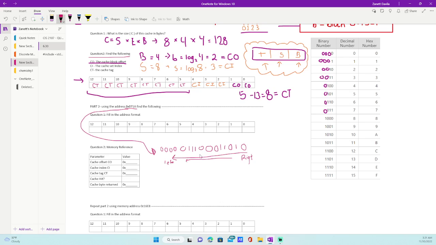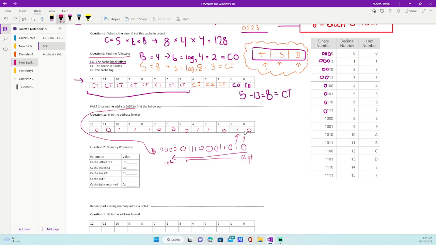So we're just going to plug in these numbers, just as how it is right here. So this will be 0, 1, 0, 1, 1, 0, 0, 0, 1, 1, 1, 0, 0.